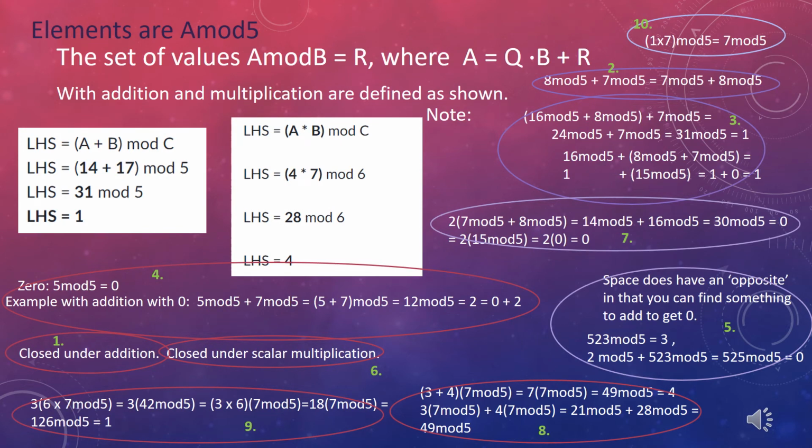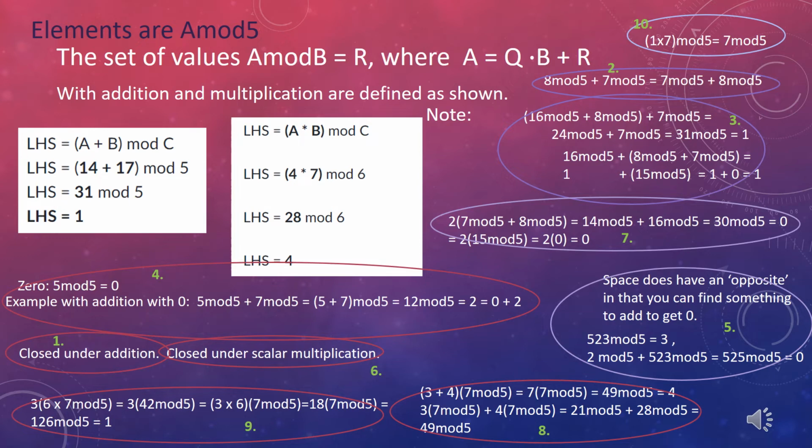This next example is about a set of objects that you may or may not be familiar with. We're going to say that our set consists of all objects of the form A mod 5. A mod 5 is the remainder when A is divided by 5. Now, for this vector space, we are going to define scalars as only integers.